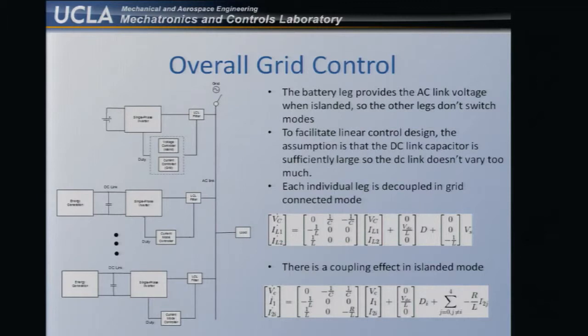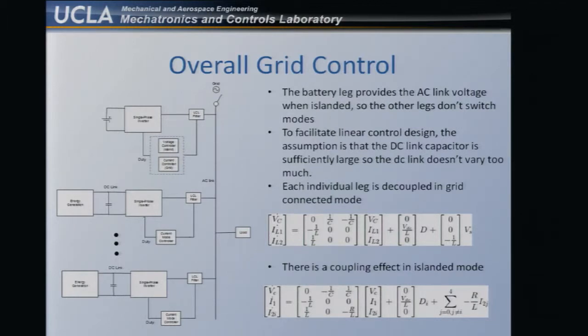So in the grid connected mode, this is the equation, and this is actually a linearized equation now of the nonlinear system I showed. Now the control is the duty cycle here. So you can see this is actually a linear system for each DER, and then you aggregate these 4 DERs, they won't have coupling.